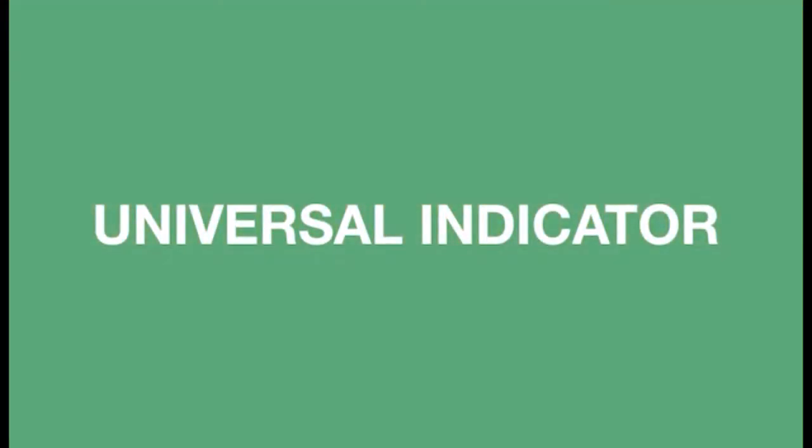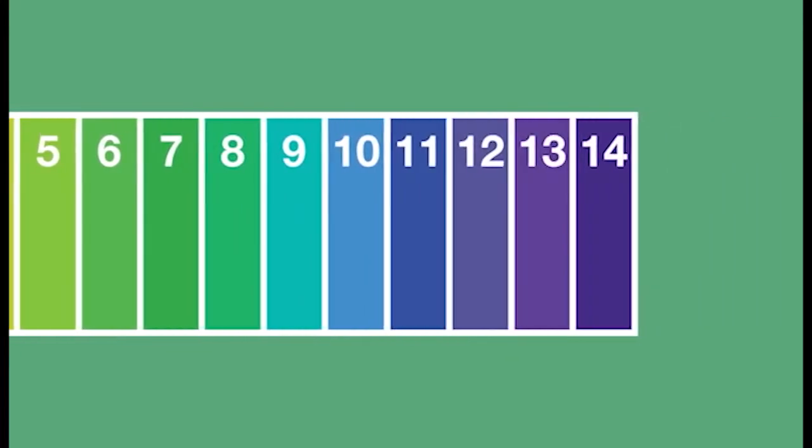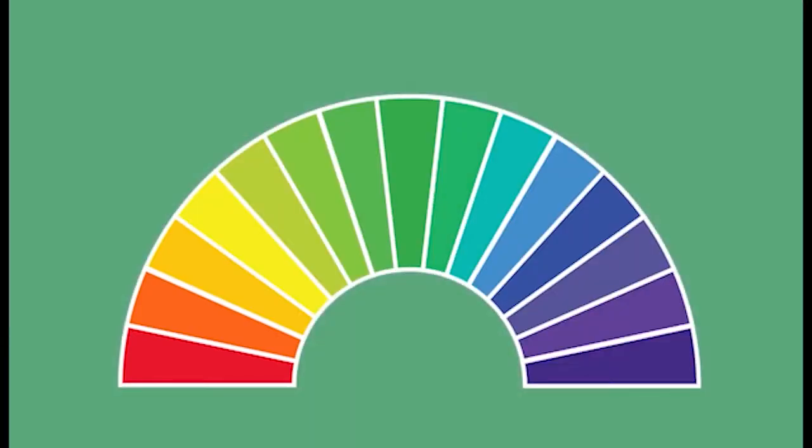Universal indicators are very versatile as they can measure pH across the entire scale from 0 to 14. It is not a single indicator but rather a combination of various indicators. If you look at the color change of universal indicator according to the pH of the solution, you will find that it resembles a rainbow.